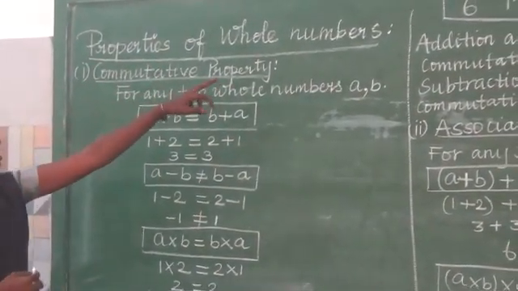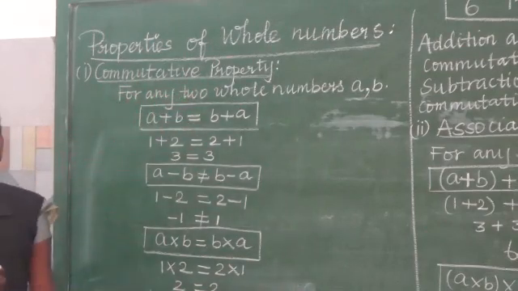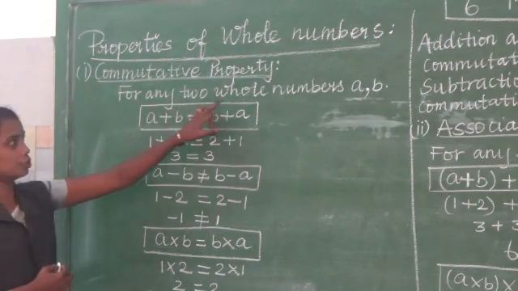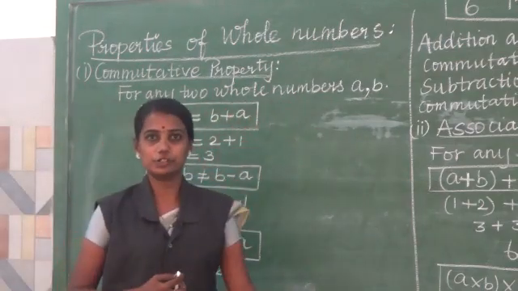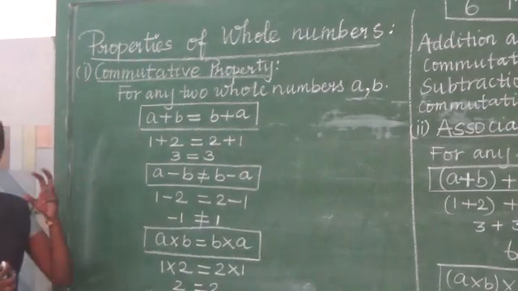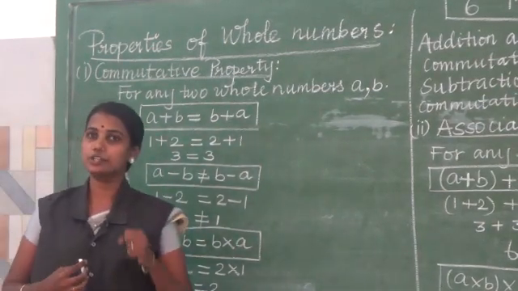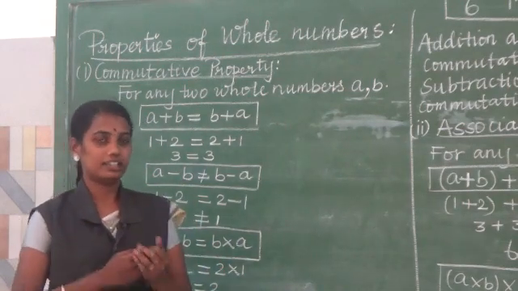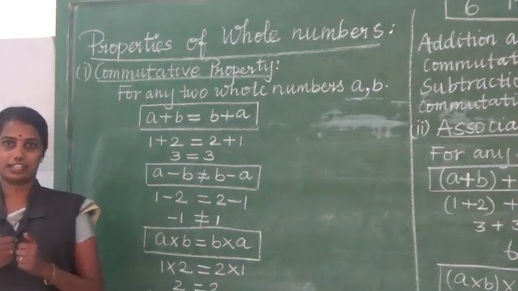Properties of whole numbers. The first property is the commutative property, for any two whole numbers A, B. When you add two numbers, if you change the order of the numbers, it does not affect the answer.